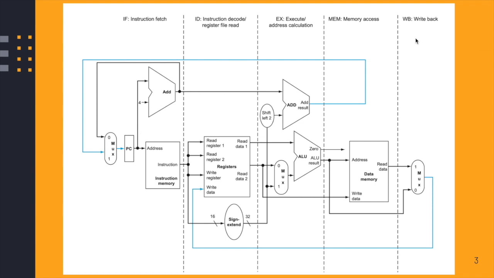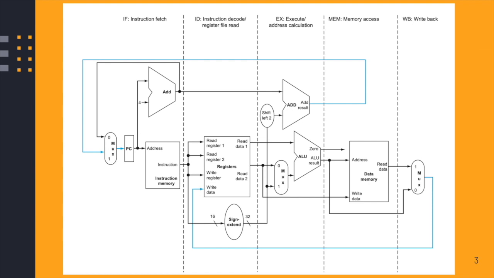So we have 5 stages. For an instruction to execute, it needs to pass through all of these 5 stages, and throughout this tutorial we will tackle how an instruction passes through all of these stages, and how each stage contributes to the execution of an instruction.